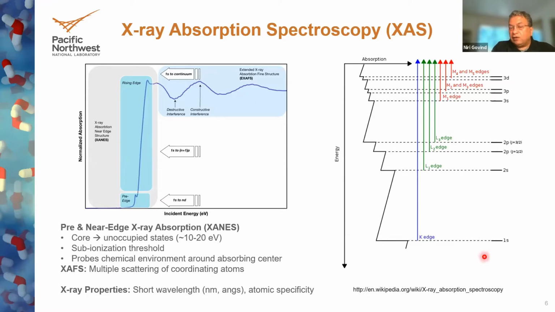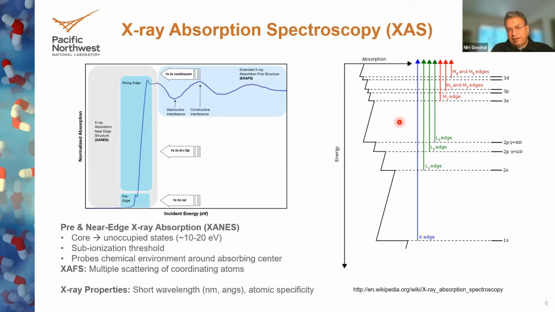Although there are corner cases that we occasionally encounter, and care has to be taken to address those issues. But as you go towards shallower and shallower edges, because of the spin-orbit splittings as well as multiplet effects, you typically have to treat the electronic structure with a multi-configuration approach, and the computational complexity also grows as a result.